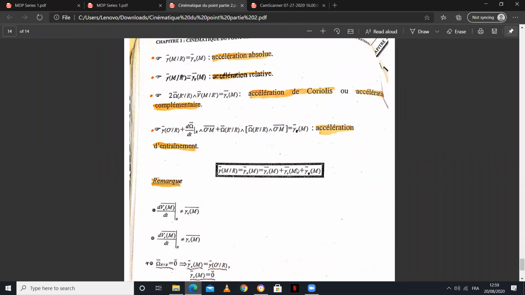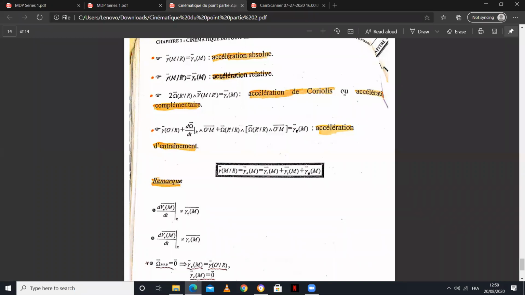Yeah, the formula is here in the notes. Gamma of M dans R, okay? Gamma absolute is equal to, you see they've even written gamma and the small a there to tell you that it's gamma absolute. Gamma absolute of M is equal to gamma R plus gamma C plus gamma E of M. And you have the formulas for all the terms.